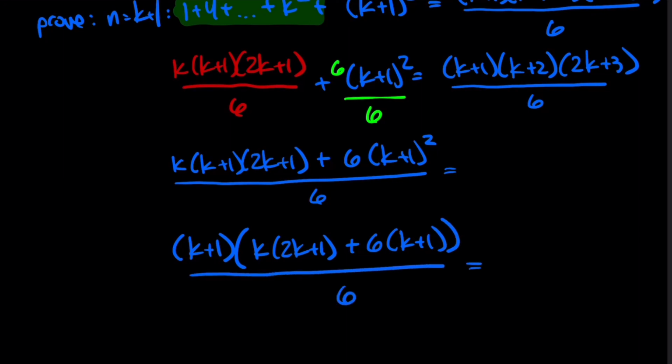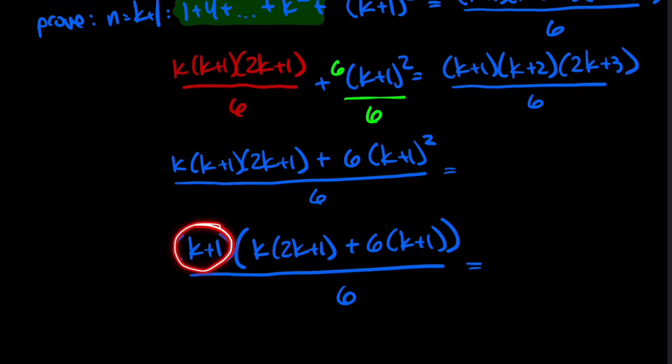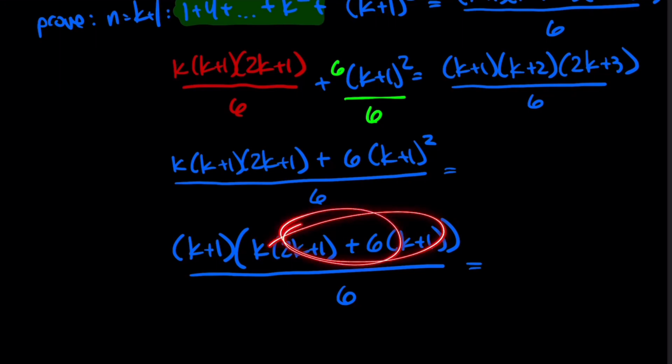Now, I'm constantly comparing what I have here to what's up here. Notice what we now have. I've got this k plus 1 on the outside, and I've got a k plus 1 on the outside here. So basically, I've got two approaches. I can work with this expression and then maybe just multiply these two together and get what I would get if I multiply that out. Or you can multiply this stuff out and then factor it to get that.